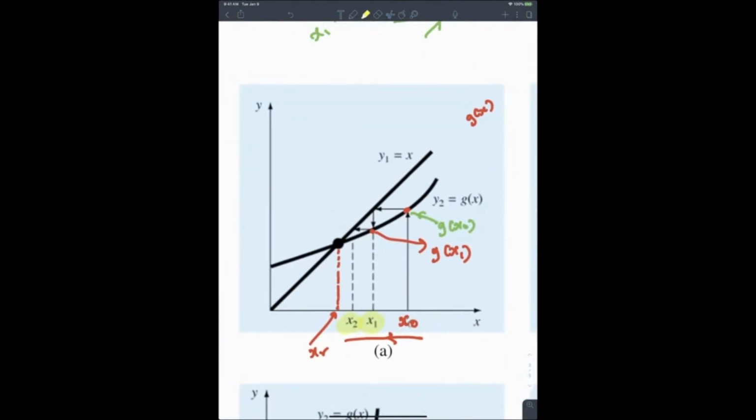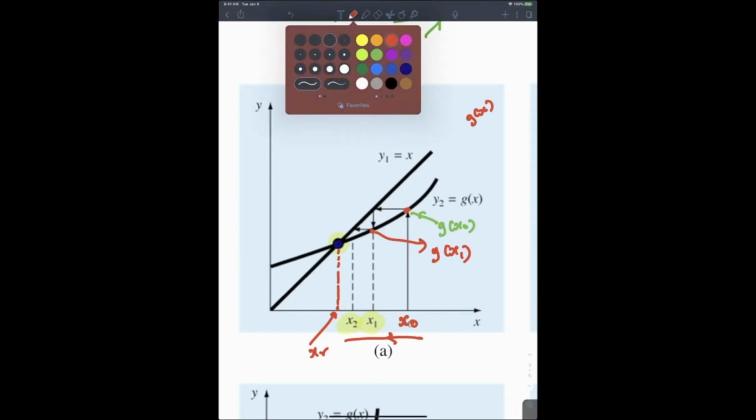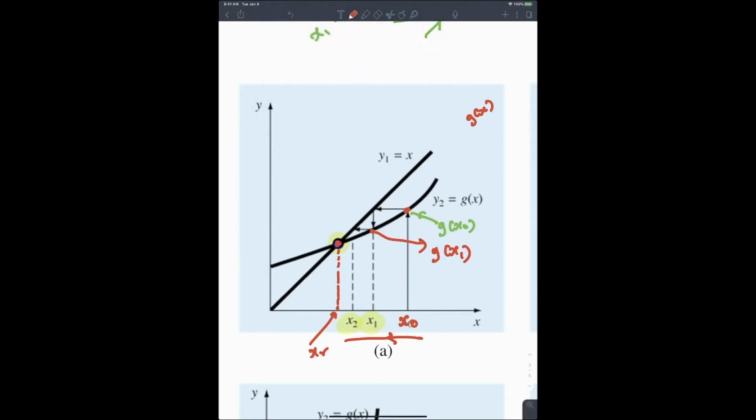You start with the initial point x0, and then you find gx0, and then gx1, and so on. It nicely brings us towards the root, the red one.